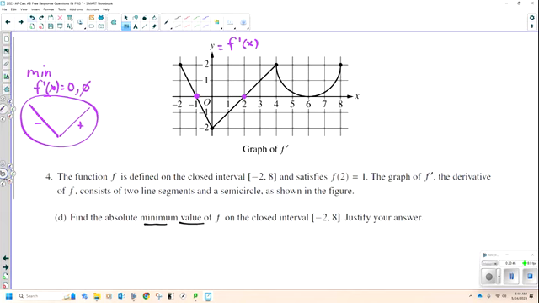Again, for 4a, we determined that the y value is the same thing as the derivative. So these are positive y values for all these points, so it's a positive first derivative. All these points are below the x-axis, so they're a negative y value. So I have a negative first derivative.